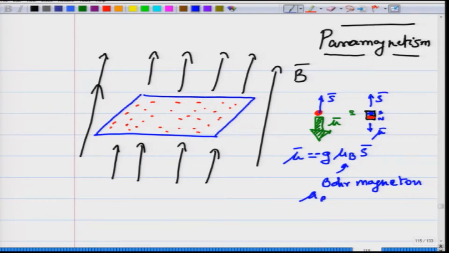The Bohr magneton is mu_B = eħ/2m_e. So, this is your Bohr magneton, and this is the expression for the magnetic moment.